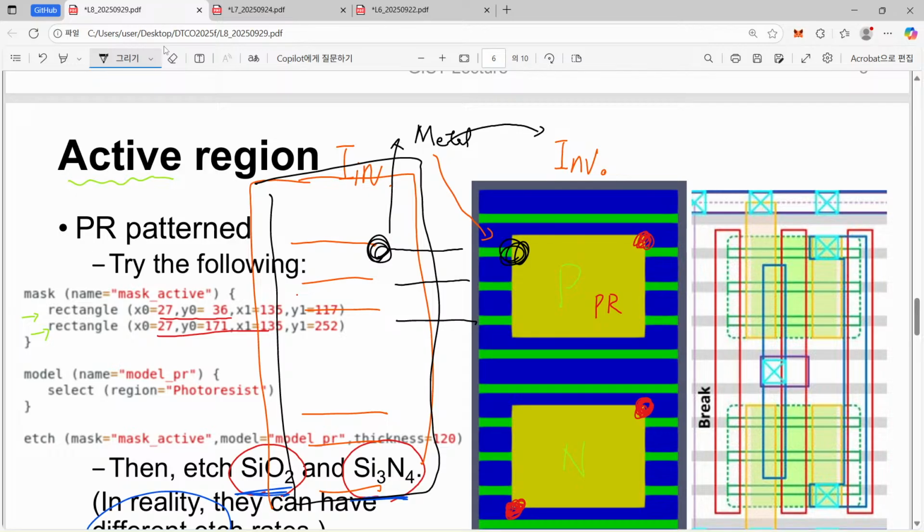After that, from this metal layer, once again the information comes down to our silicon layer. That is what we do in reality for circuit realization.